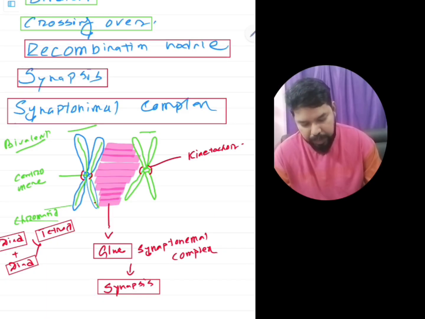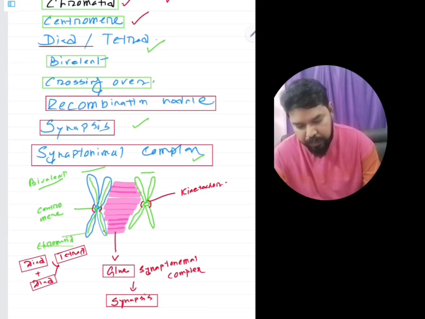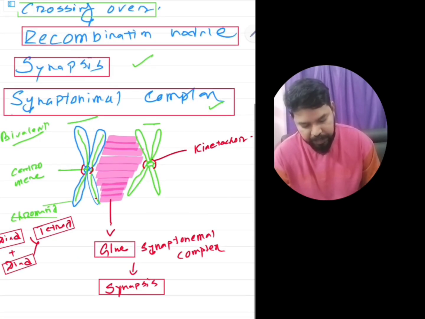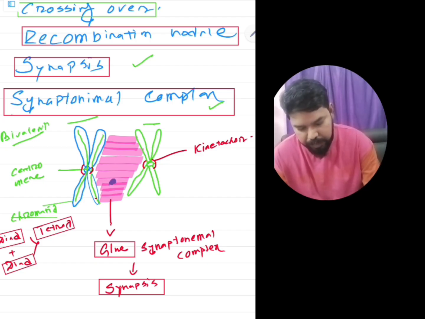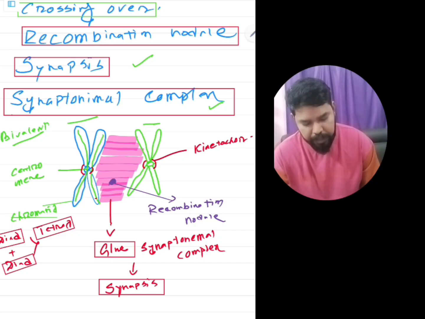Now we have understood synapsis and the synaptonemal complex. After the formation of the synaptonemal complex, the recombination nodule will appear. That recombination nodule will give the pinpoint location of the crossing over.